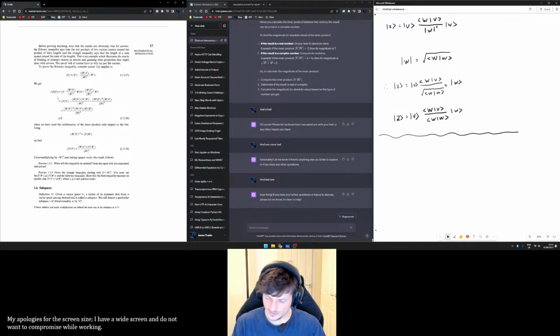It's saying that we start with v, then we minus wv over w squared w. So that's the left side. Let me just put a little thing here. Let's get the right side out. So I'm very interested in seeing how that actually worked, and how might one do this themselves.